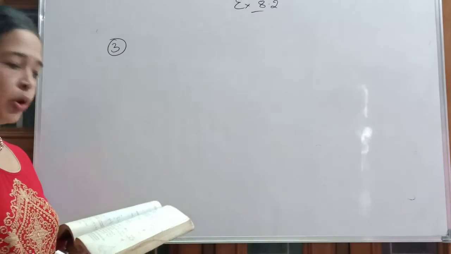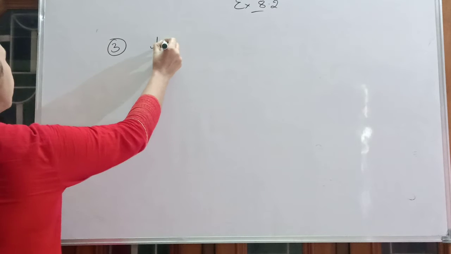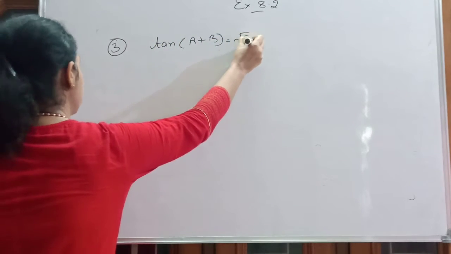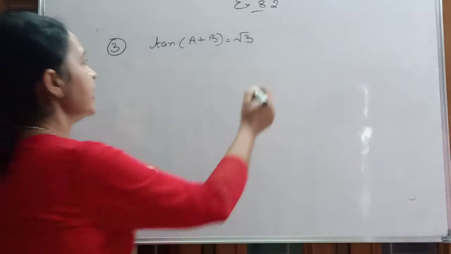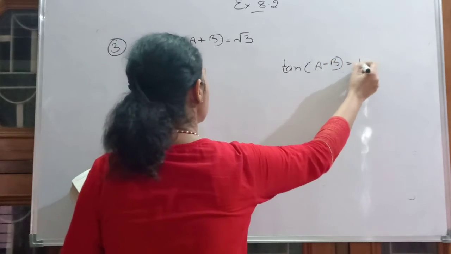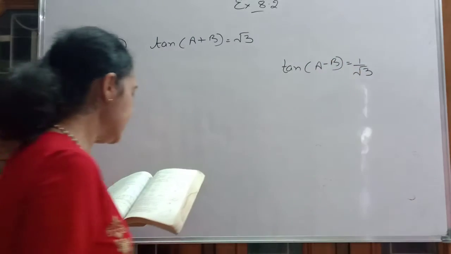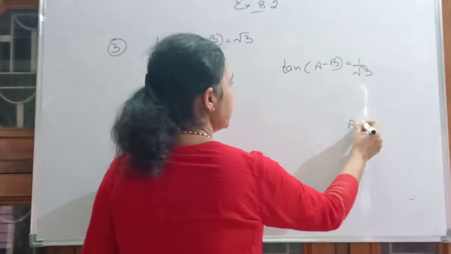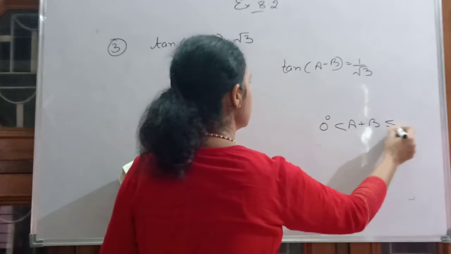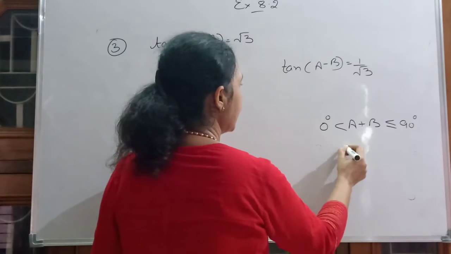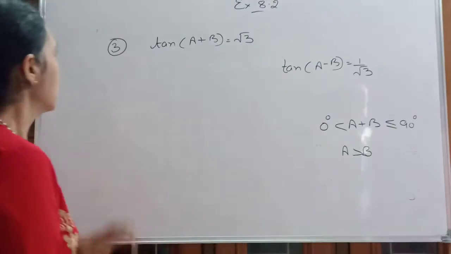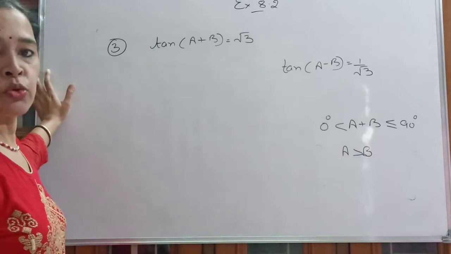It is a very important question. If tan A plus B equals to root 3 and tan A minus B equals to 1 by root 3, and it is given that A plus B is greater than 0 degrees and less than or equal to 90 degrees and A is greater than B, find the value of A and B. We have given tan A plus B equals to root 3.